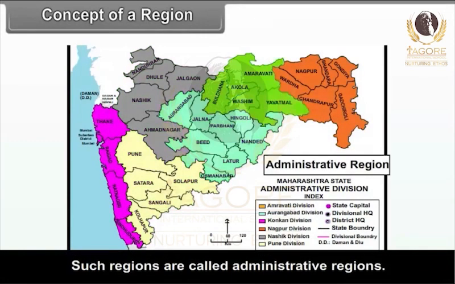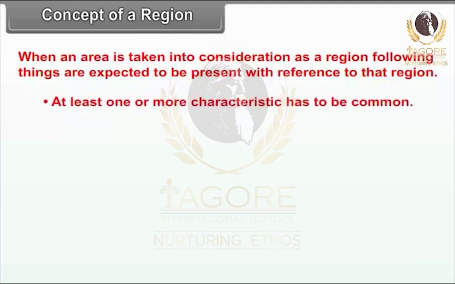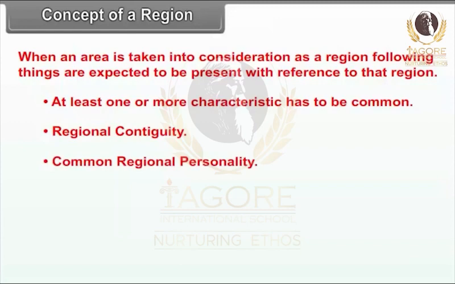Such regions are called administrative regions. When an area is taken into consideration as a region, the following things are expected to be present with reference to that region. 1. At least one or more characteristics have to be common. 2. Regional contiguity. 3. Common regional personality. 4. Similarity.